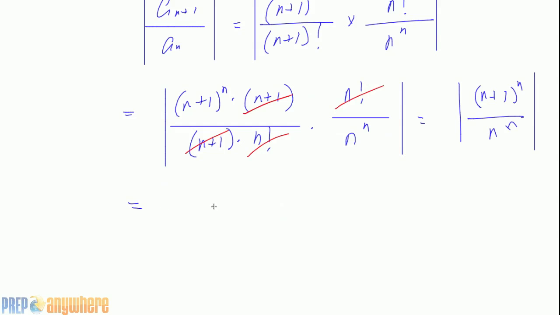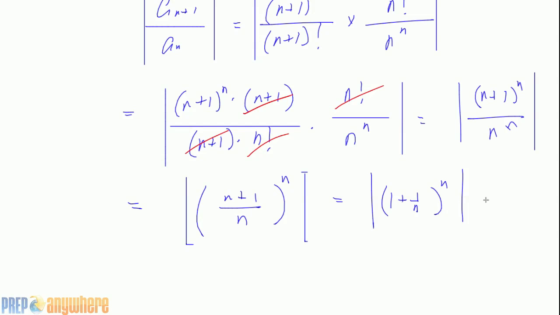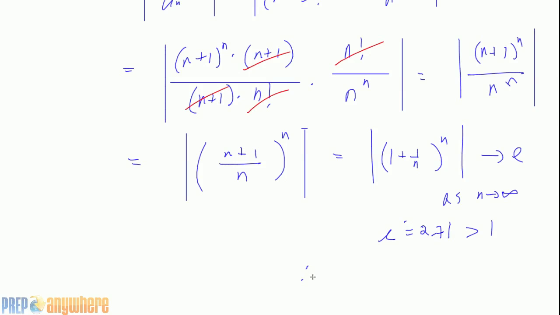We can put that all under one exponent of power n, and we get (n+1) over n. Let me split the fraction: you get (1 + 1/n) to the power of n. That's going to approach e by definition as n approaches infinity, and e is approximately 2.71. It's greater than 1. So therefore, the series is diverging by the ratio test.